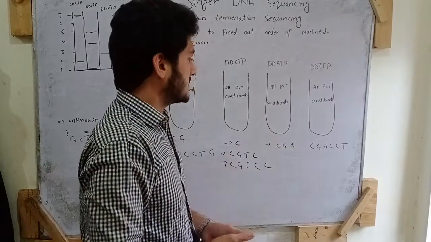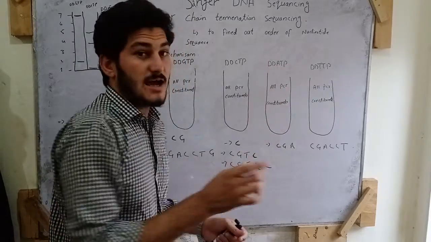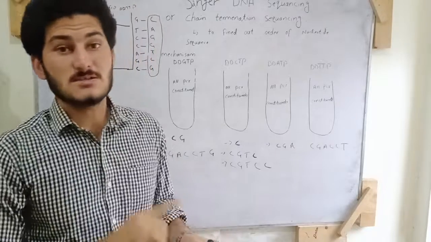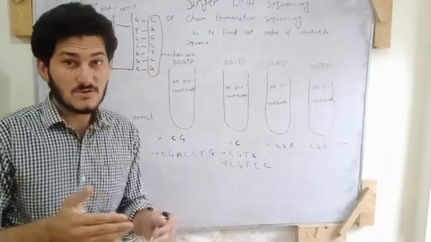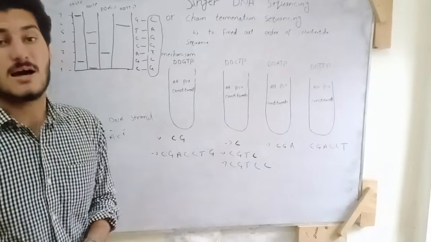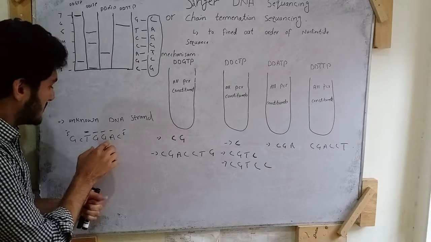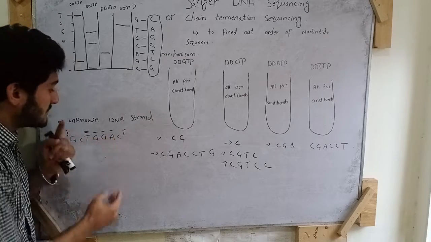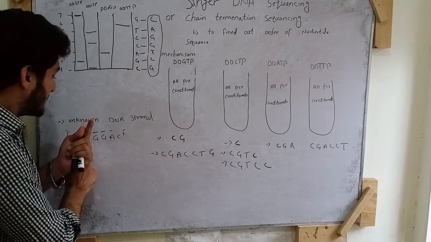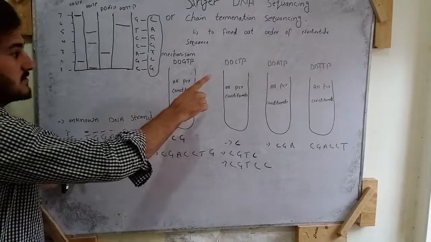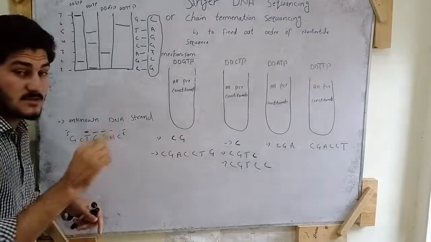Now in the third PCR tube we add dideoxy ATP, which is complementary to the T nucleotide but modified, and we remove the oxygen from the third carbon position in the nucleotide. Here we see that in this strand only one A is present, and only one T is present. For each A complement, a T will be attached.